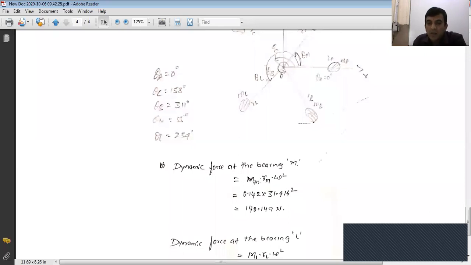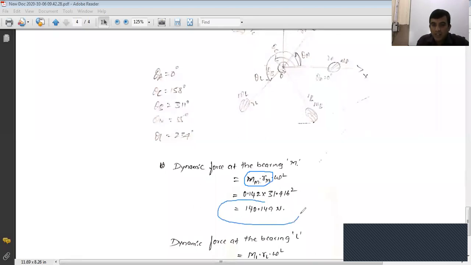Now R M separately we don't have the value, but we have the product M R M from the couple polygon. How much did you get? 0.142 into 31.416 whole square. If you multiply it, you will get the dynamic force at bearing M.